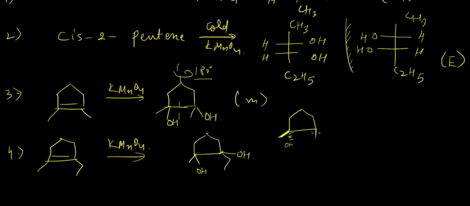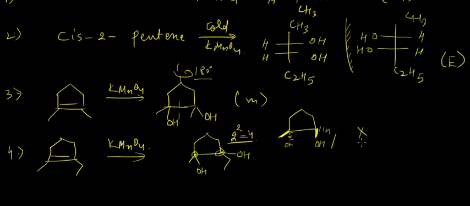Let me draw all the structures first. So is this structure possible? No. Why? As it has 2 chiral centers, ideally the total number of isomers should be 4, but let us verify whether they are coming or not.